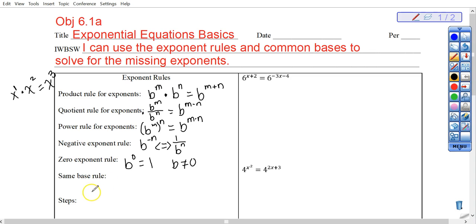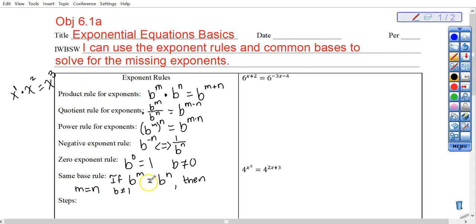All right. And then last one is the same base rule. And this is a rule that applies to equations. So it says this: if we have some base raised to the mth power, and it's equal to the same base raised to the nth power, then we can say that the powers are equivalent as long as b is not 1.